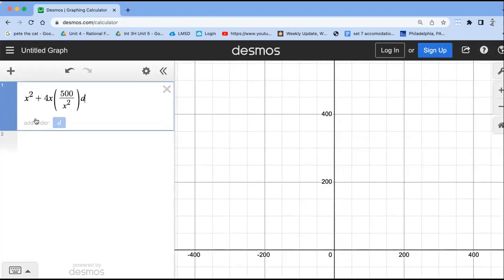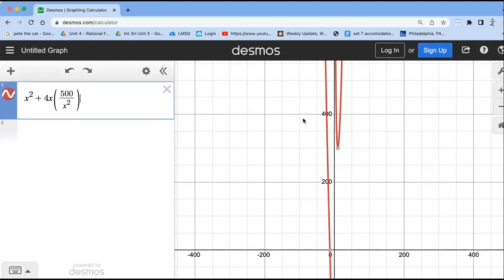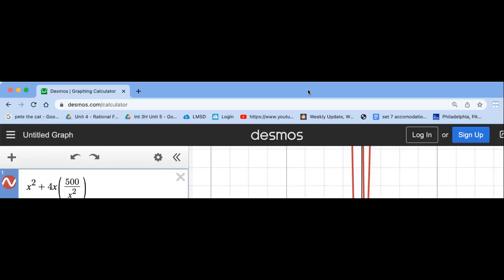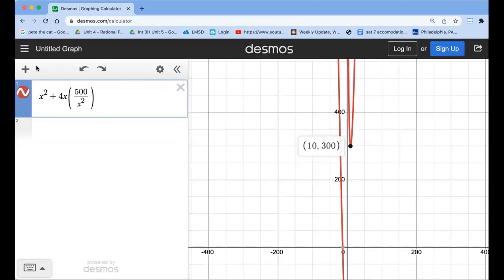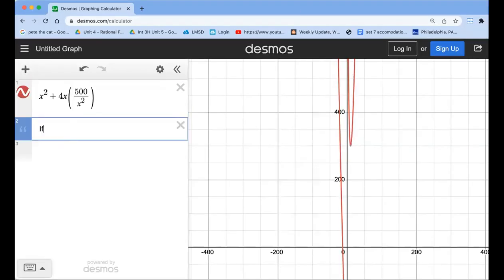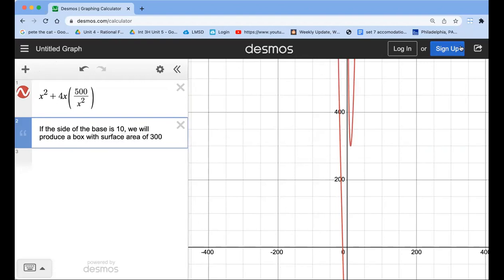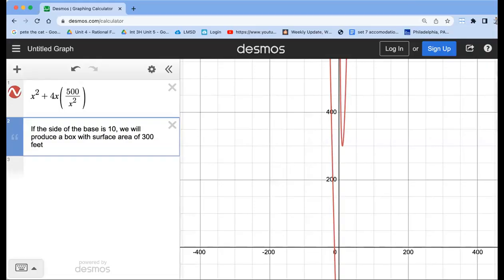And this is saying that if we have our S coordinate for the box at 10, and I'll make a note of this: if the side of the base is 10, we'll produce a box with surface area of 300 feet squared.